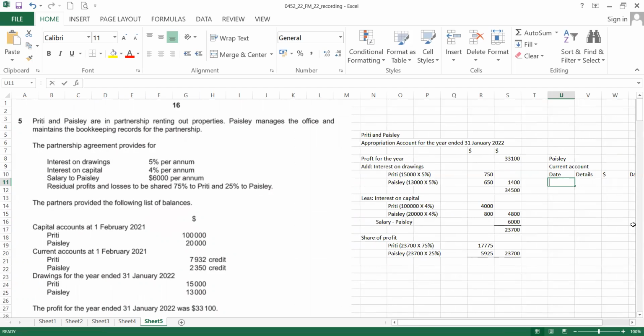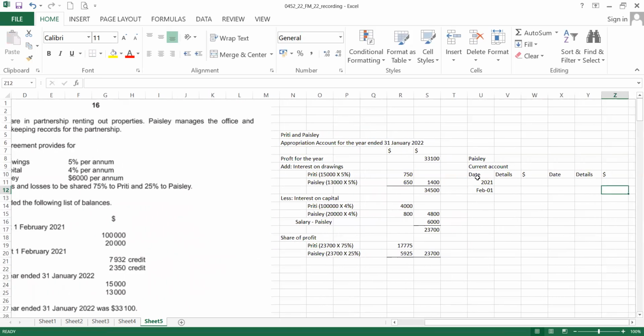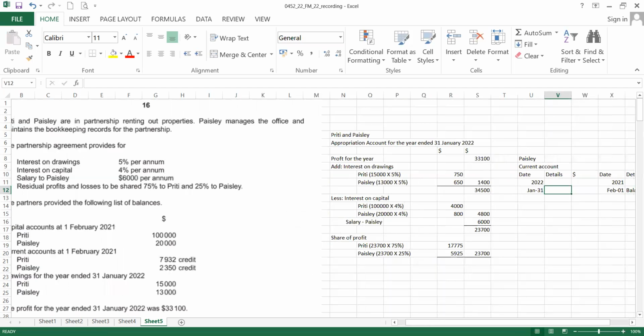So 2021, February 1st, credit balance brought down. This opening balance 2,350. At the end of the year, 2022, January 31st, we have the drawing and interest on drawing.